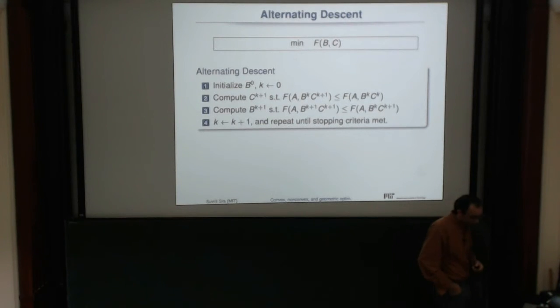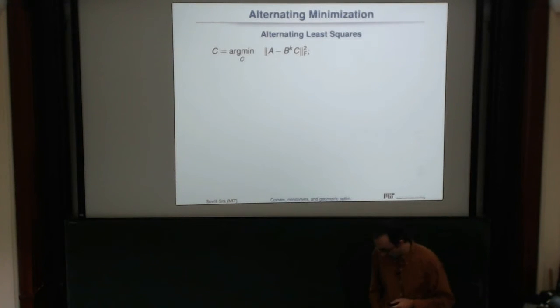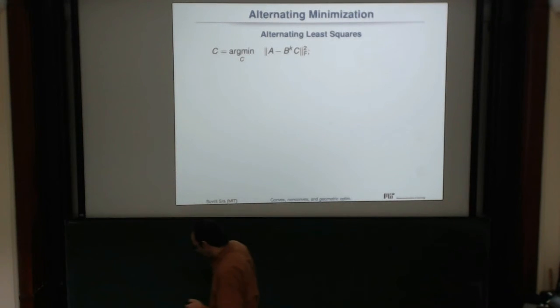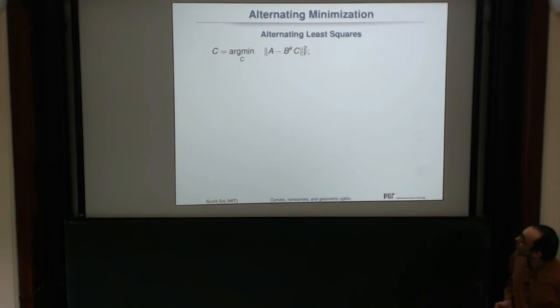Alternating minimization is one of those. For example, this is something which people publish several papers on. It always shocks me, but I guess in hindsight one is always shocked. So there's something called alternating least squares. Once again, take the problem: if you fix A and B, it's a good old least squares problem in C, because I ignored the constraints, and then I just truncate.